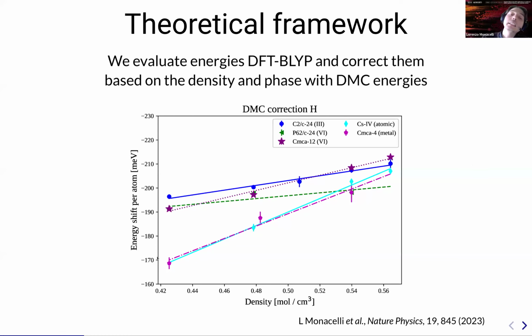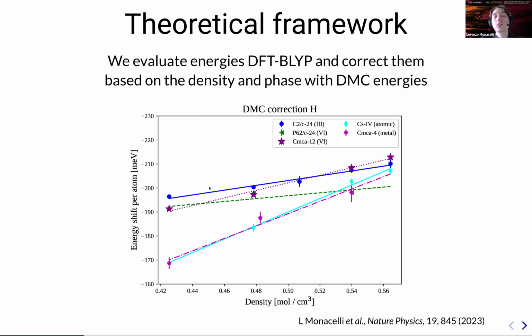And so you can see in these different structures how diffusion Monte Carlo corrects the energetics with respect to the density of the different phases. The higher on this plot means the bigger correction, in this case negative, so it tends to favor diffusion Monte Carlo with respect to the DFT results.